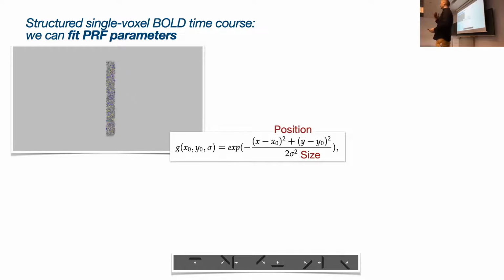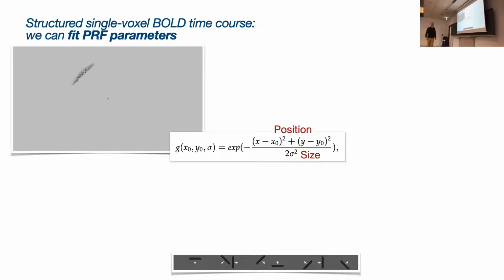Depending on where you are in the brain and the direction of the wave, you'll either activate early or late. And what this means is that we can take this bar type movie and these waves in their directions and really try to make an explicit encoding model of what portion of visual space a voxel likes. And this is the way that we do this.